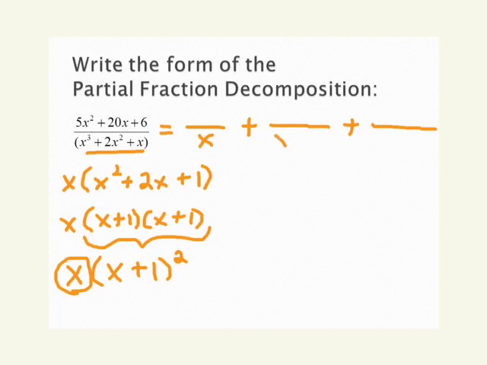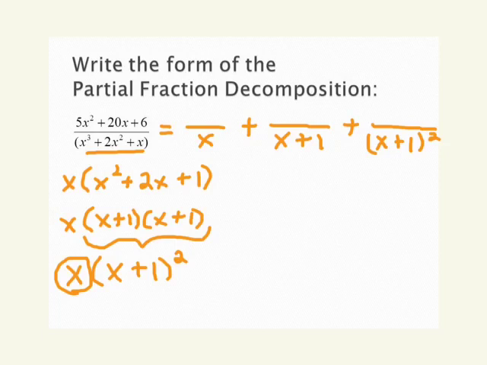Then I would have x plus 1 to the first power and x plus 1 to the second power, because again, this is a repeated root. So when we have this exponent, we have to deal with every possible degree of that function. So when we look at it, we consider three factors here. We have x, x plus 1, and x plus 1 quantity squared.